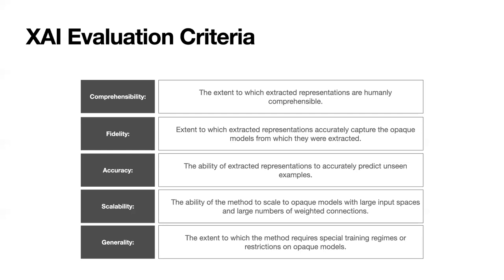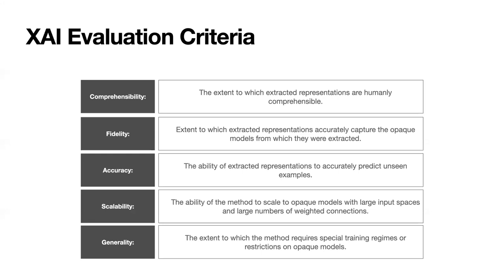This brings us, I suppose, to what are good criteria to evaluate XAI techniques on. And again, because there is some amount of intuitiveness and lack of precision in how exactly you can measure some of these quantities, we'll have to keep it at a more high level.